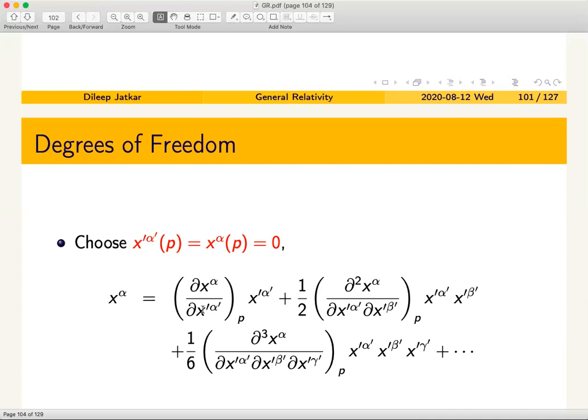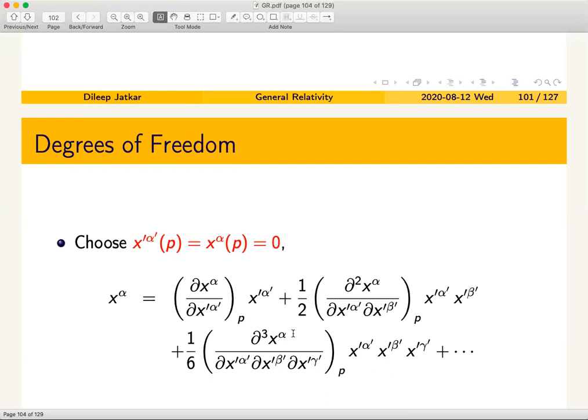You write down x minus x0 to the n upon n factorial times the nth derivative of the function at point x0, which is what we are doing. This is the first piece, this is the second piece which involves the second derivative, and then there's a piece which involves the third derivative, and so on. You can keep going.